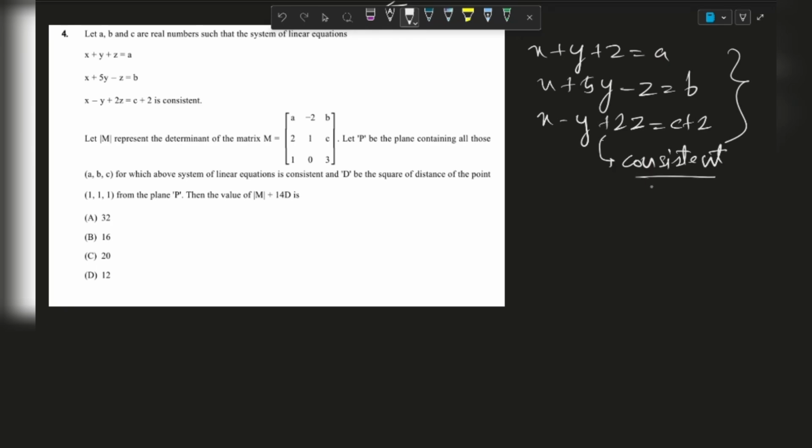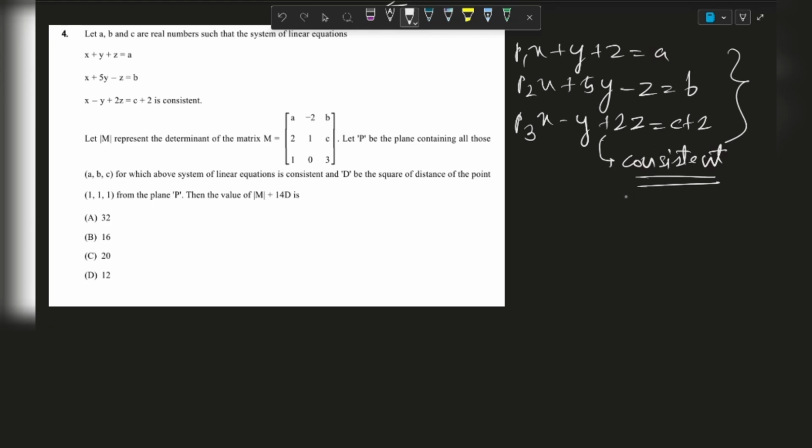Now if you know what consistent actually means, then you will know that if we take these to be p1, p2, p3, then we can express any one of these planes in terms of the other two planes, because the system is consistent.